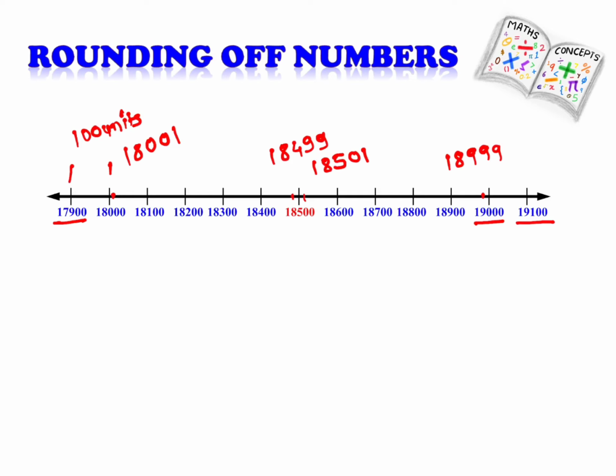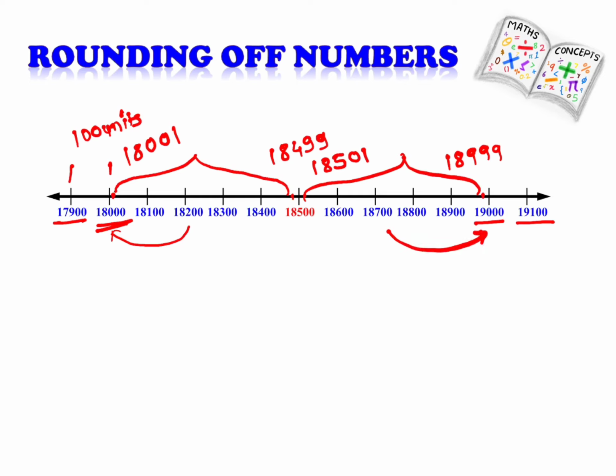Again here numbers from 18,001 to 18,499 are closer to 18,000, which is the previous 1000, which is the nearest 1000. All these get rounded off to 18,000, and numbers from 18,501 to 18,999 get rounded off to 19,000 because they are closer to 19,000.